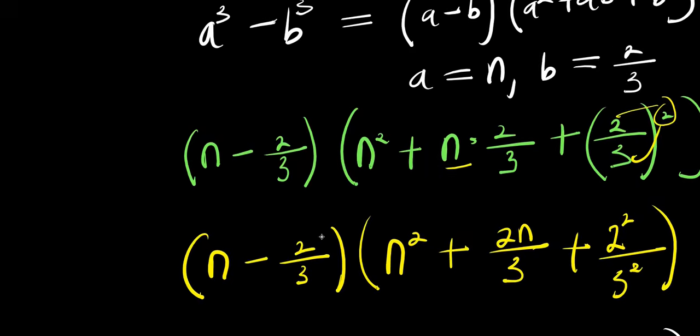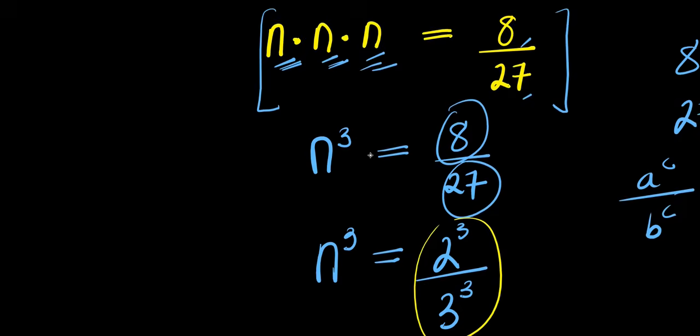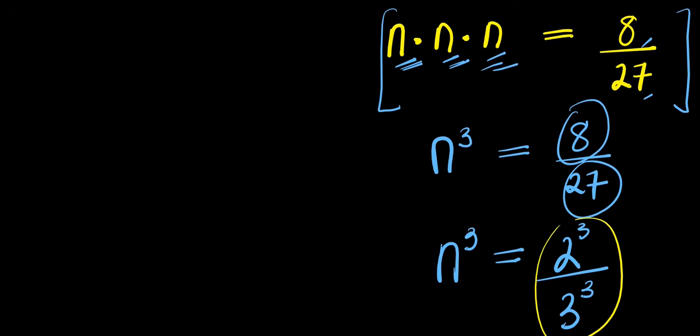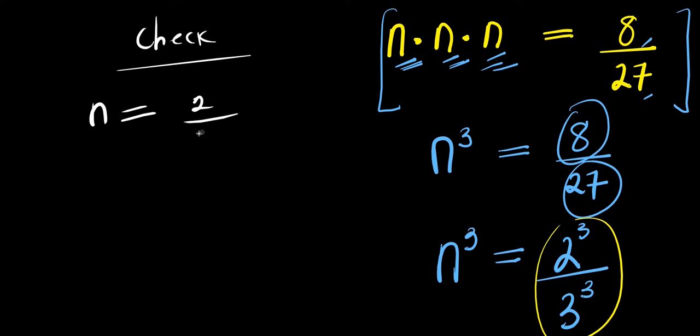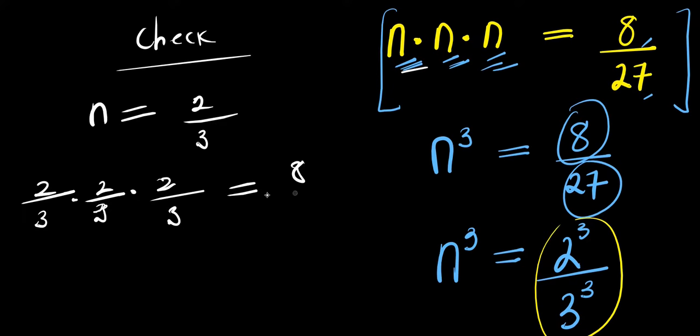So right now, guys, what we can do is check by inserting this particular value for n. We have n equals 2 divided by 3, in which we have 2 divided by 3 times 2 divided by 3 times 2 divided by 3 equals 8 divided by 27.